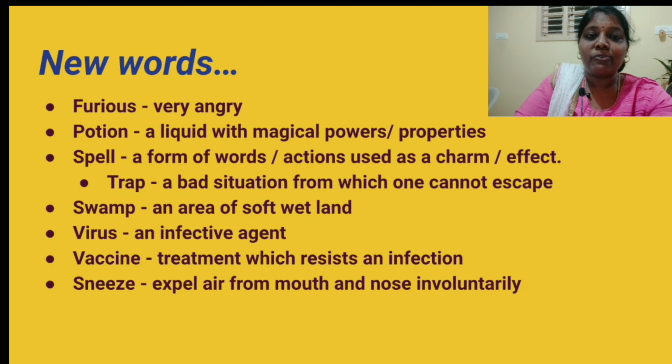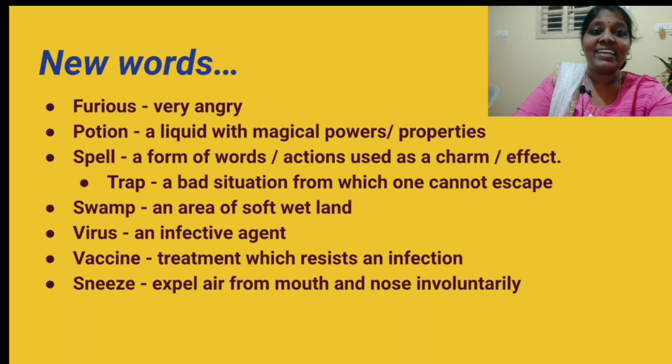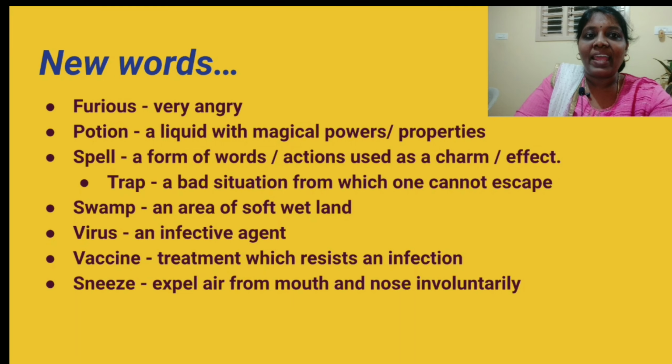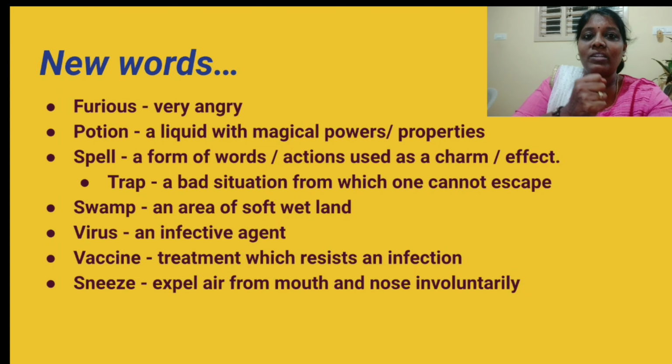That kind of magical liquid is called a potion. Spell is a kind of words or actions used to captivate people and have an effect on them. Trap is to get hold of, or a situation which we cannot escape.